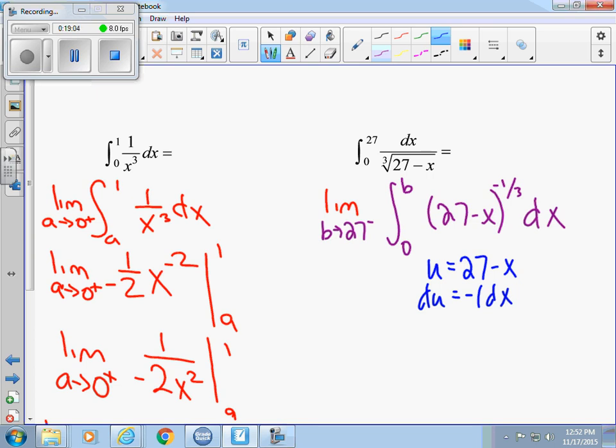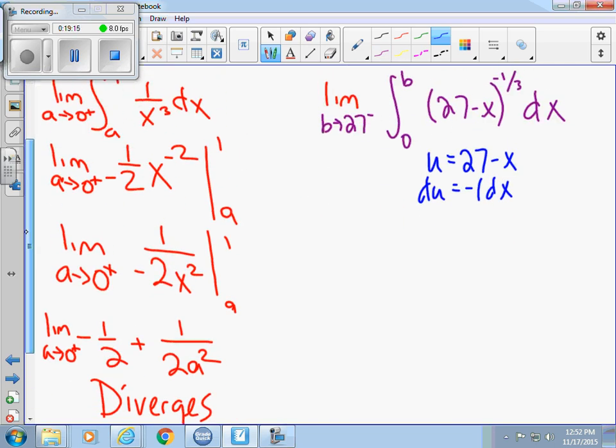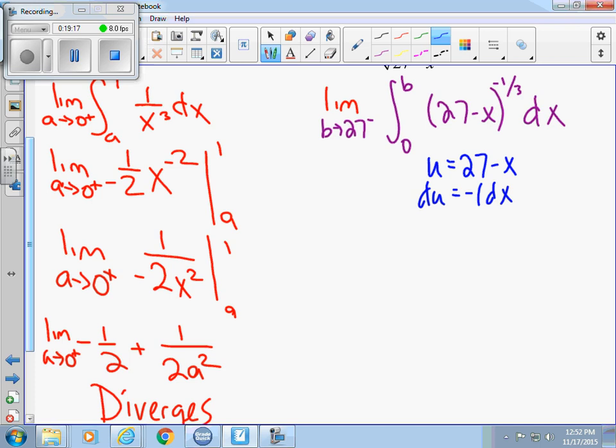So the antiderivative. Now, if I do a u substitution, if I happen to rewrite the integral with the u's involved, I want you to know if you write 0 to b there, AP will count a point off on open response.